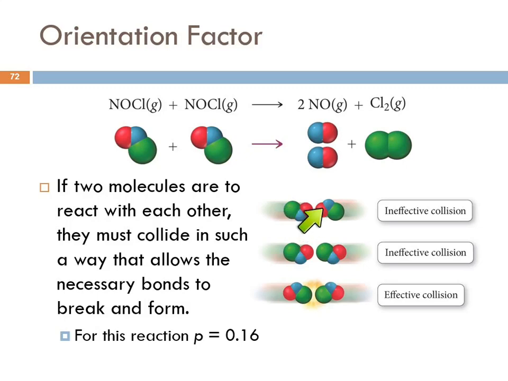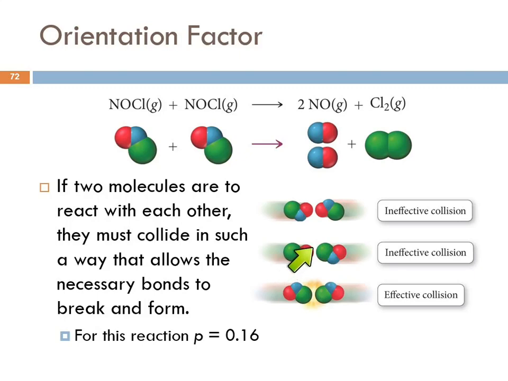So if they run into each other with, let's see, the red in this one is oxygen, right? No, the red one's nitrogen. Usually red's oxygen on the model kits, and they're messing me up here. If they run into each other with the nitrogen ends hitting, it doesn't matter how energetically it happens, there's not going to be a reaction.